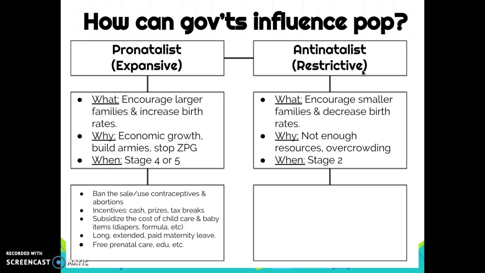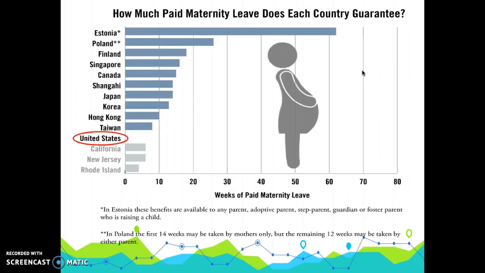So I'm going to pop over to the other slide real quick just to show you some stuff about maternity leave. Here are some examples of countries around the world and what they offer for maternity leave. You can see Estonia and Poland have the longest here on this graph.